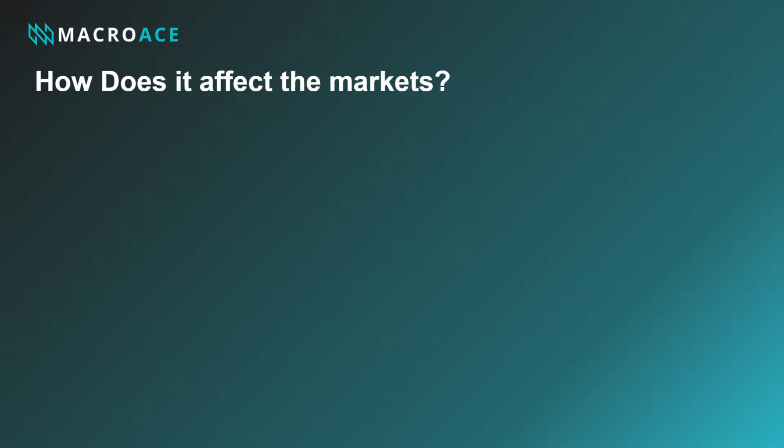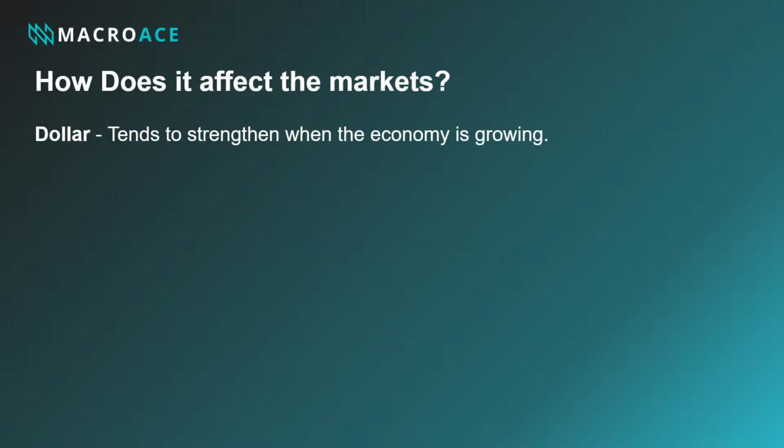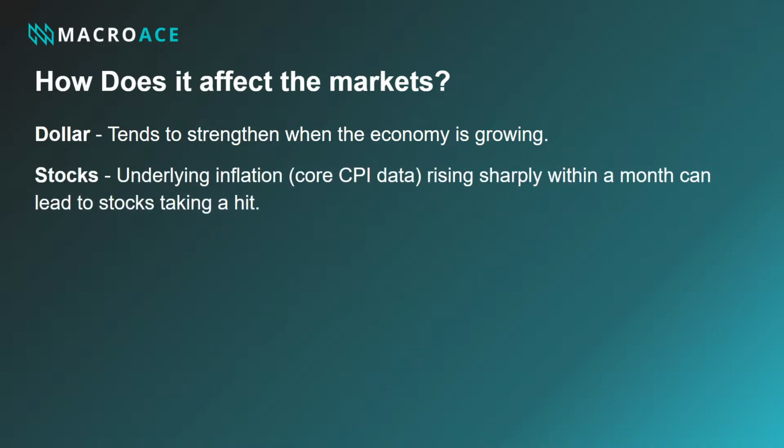So how does it affect the markets? The dollar tends to strengthen when the economy is growing. For stocks, underlying inflation, particularly core CPI data, if it rises sharply within a month, can lead to stocks taking a hit.